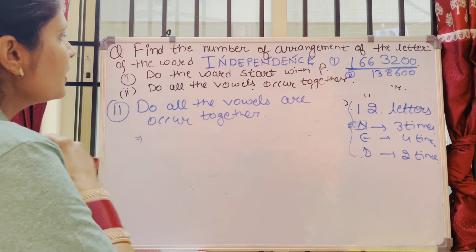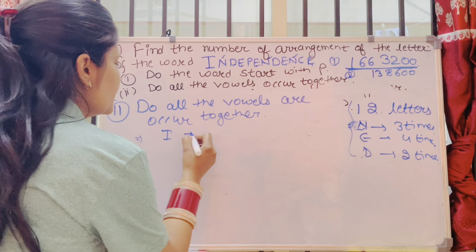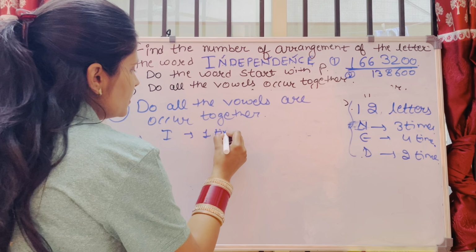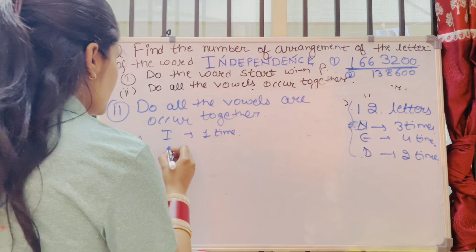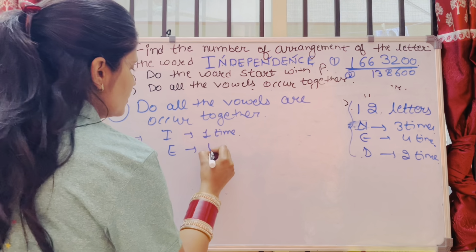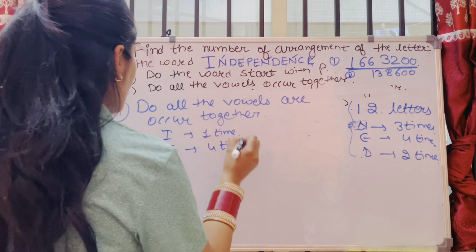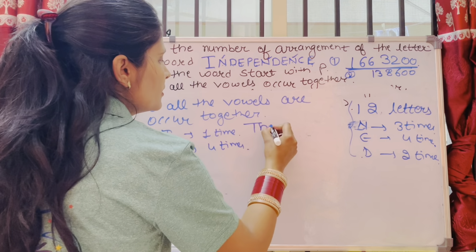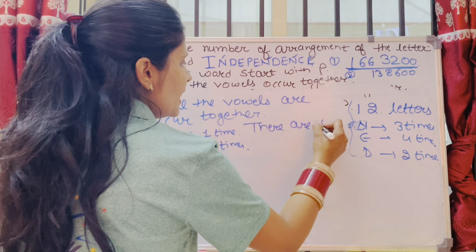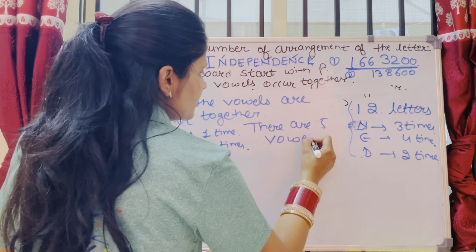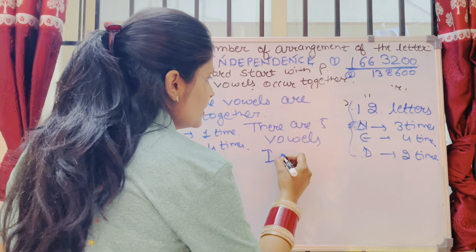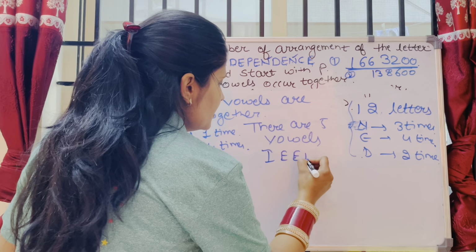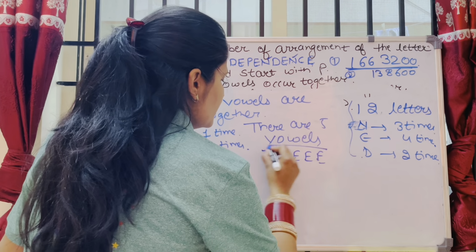So there is I, repeated first time, I and E, which comes in 4 times. So there are 5 vowels, right? So in this word there are 5 vowels, I, E, right?